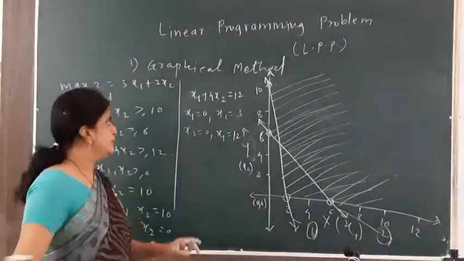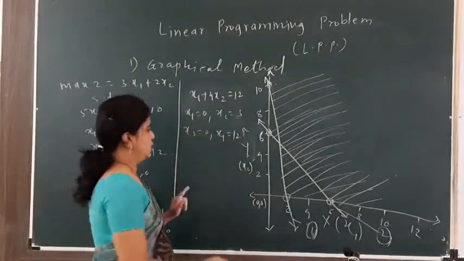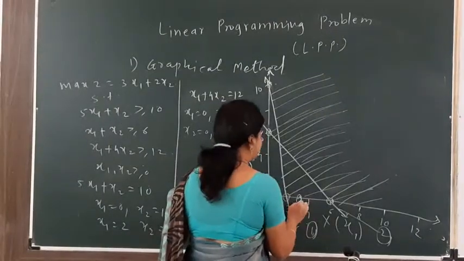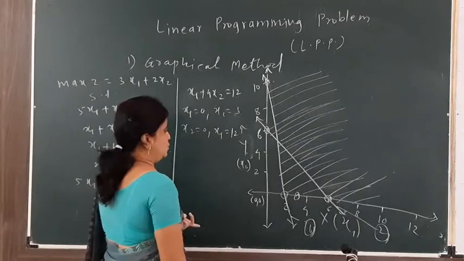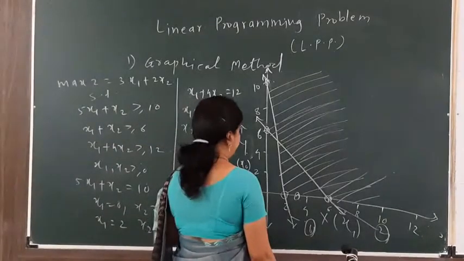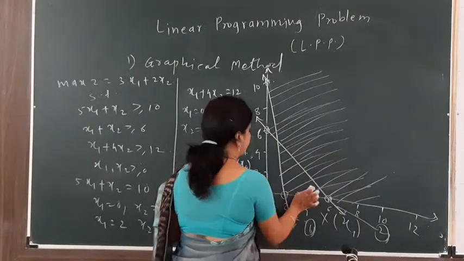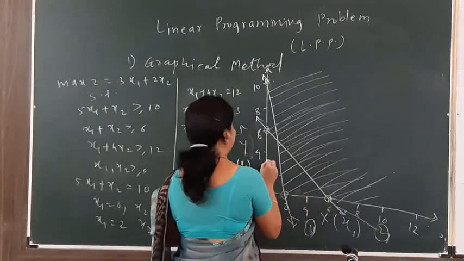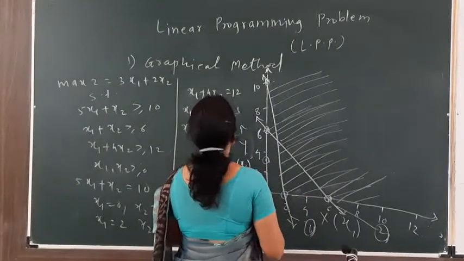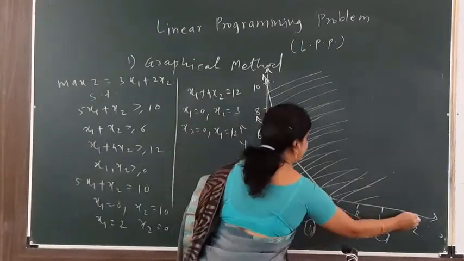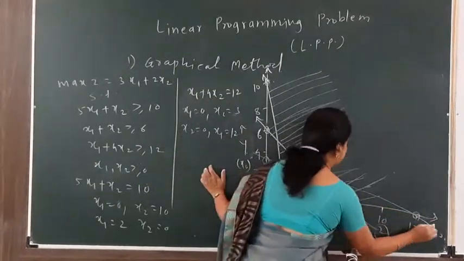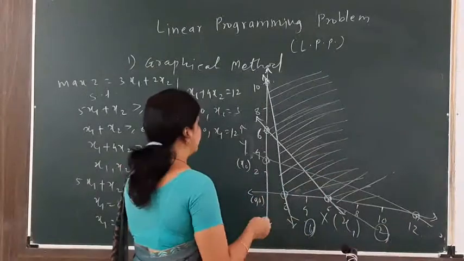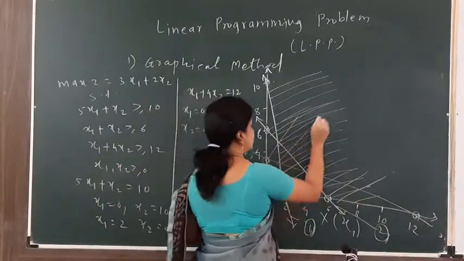So the points are 0, 3 and 12, 0. Okay, so the line is this. Since again it is greater than or equal to type, I have the region in this manner.